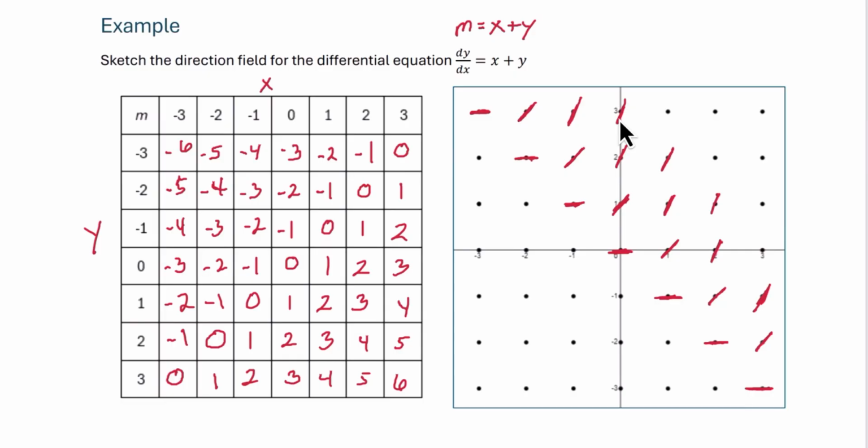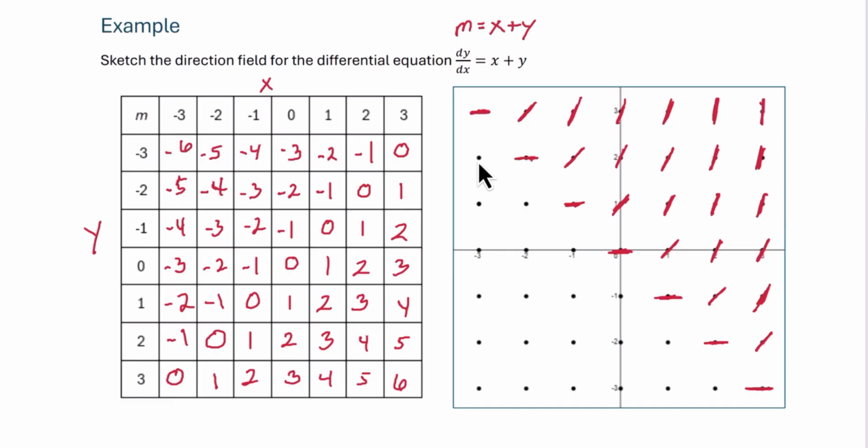It's a little bit hard to do these by hand. We have 1, 3 has a slope of 4. Again, getting a little bit steeper. And then we have a slope of 5 and 6.